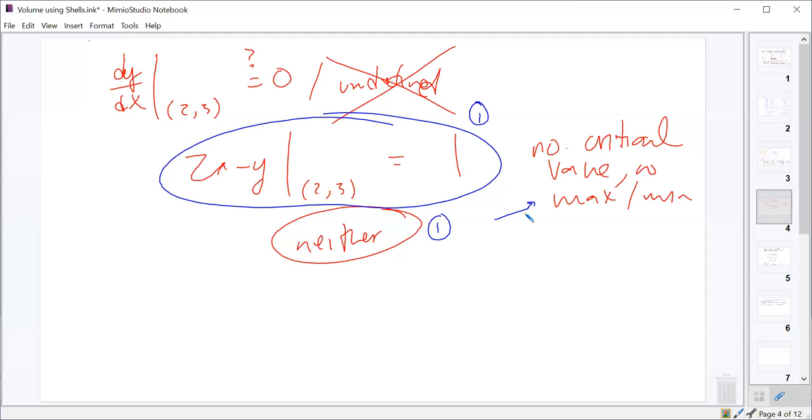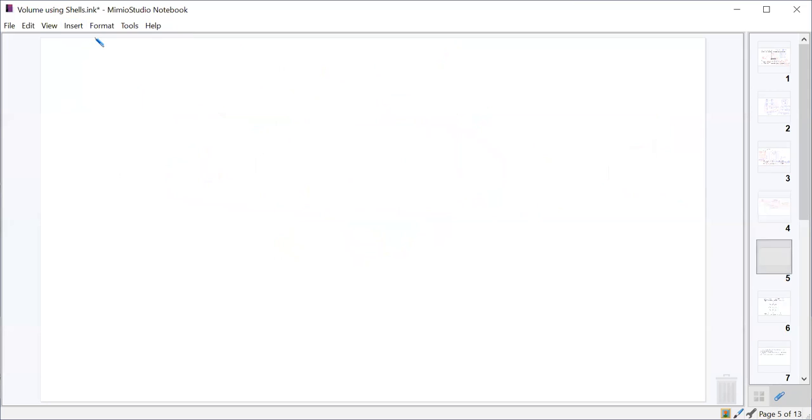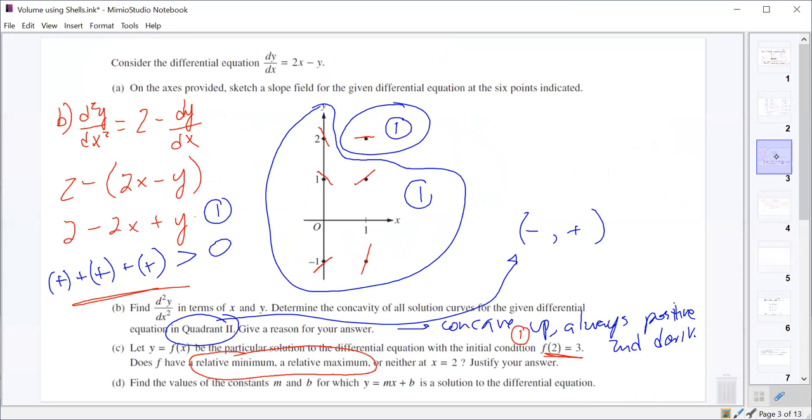All right. Now, part D. Part D for this one is a little bit more difficult. We want y equals mx plus b to be a solution to this differential equation. So we're looking for the constants m and b that make that true. Okay, so what does that tell us?